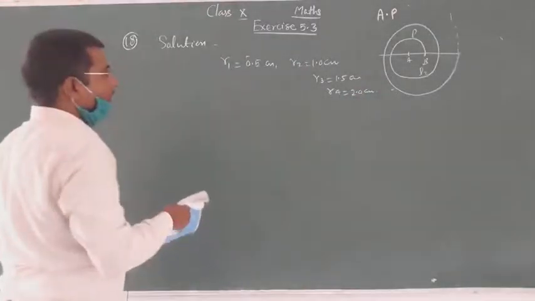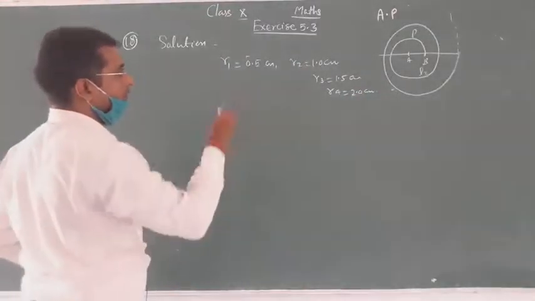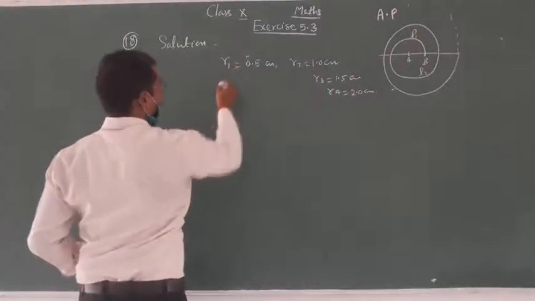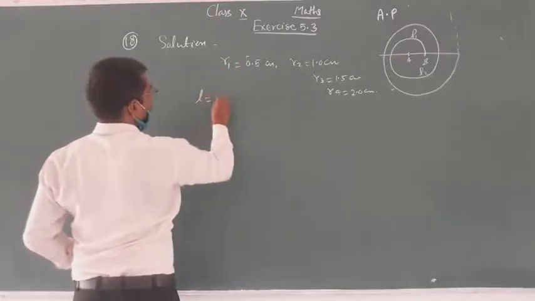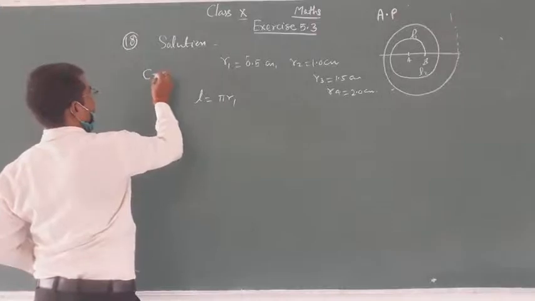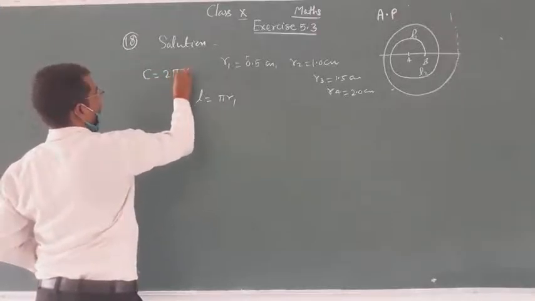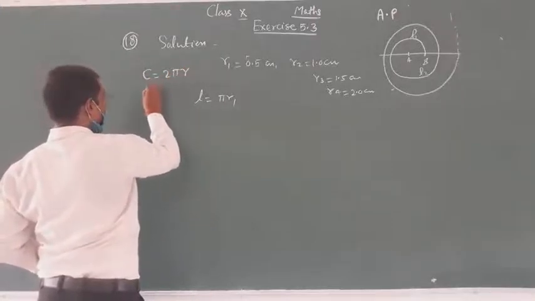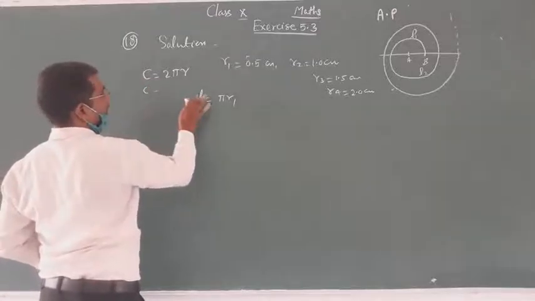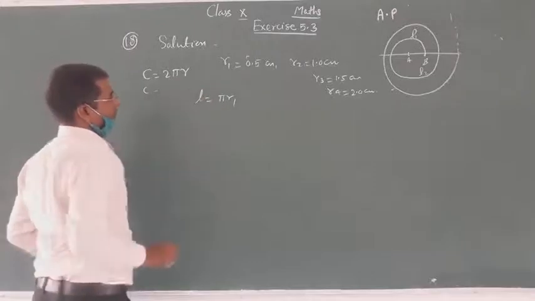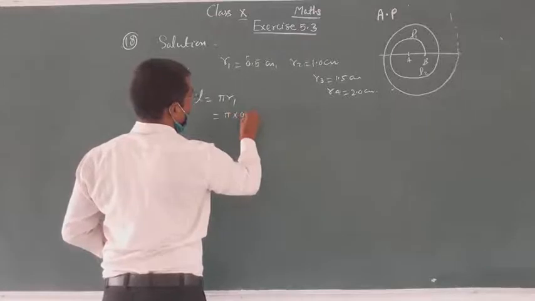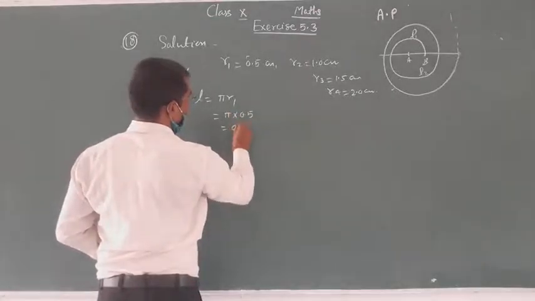So now find the semicircle length L1. L1 is equal to pi R1. The circumference of a circle is 2 pi R, so the semicircle length L1 is equal to 2 pi R1 by 2. Now put here pi into 0.5, which is 0.5 pi.